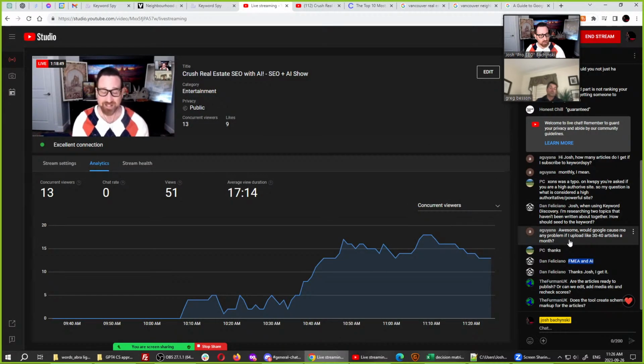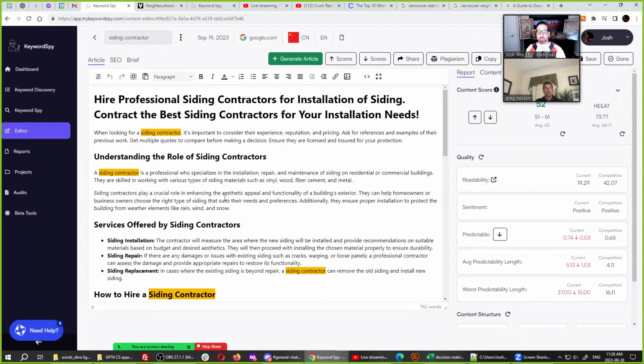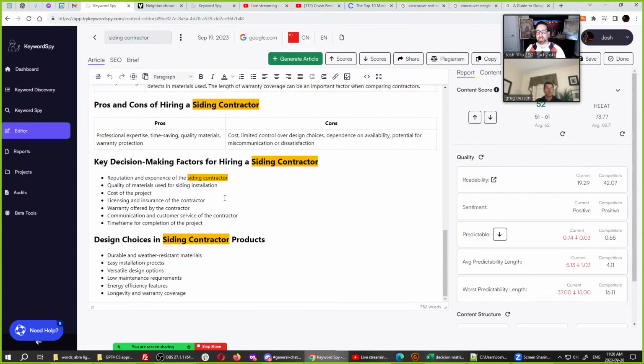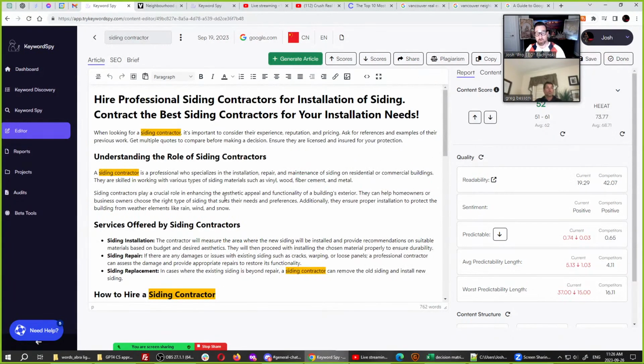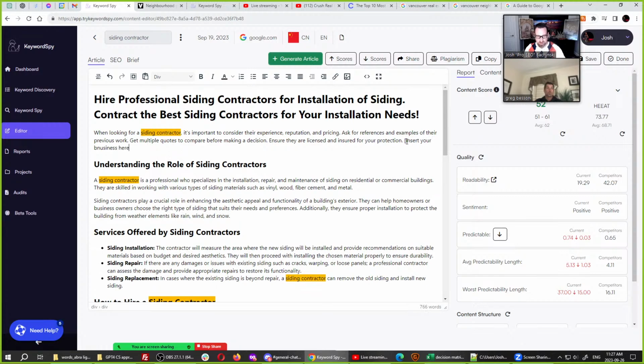Oh, someone's calling Greg. The Furman says, are the articles ready to publish, or can we edit, add media, and recheck scores? The articles, you should go over them a little bit, but the ones that we're going to build like this are 99% ready to publish. We want to be in the high 90th percentile, so that all of the stuff that AI content does, like insert your business here, we're going to get rid of all that.